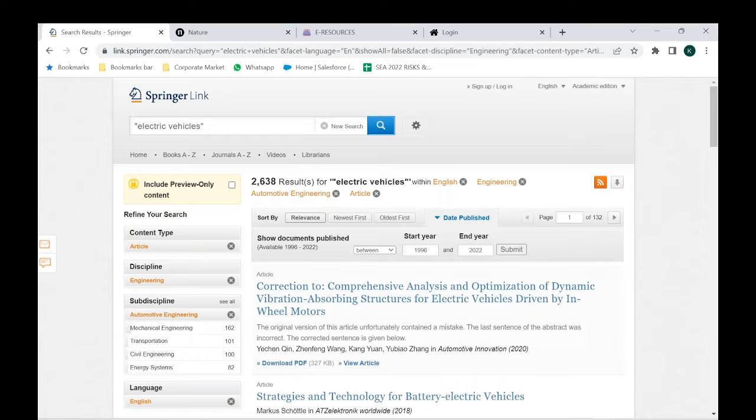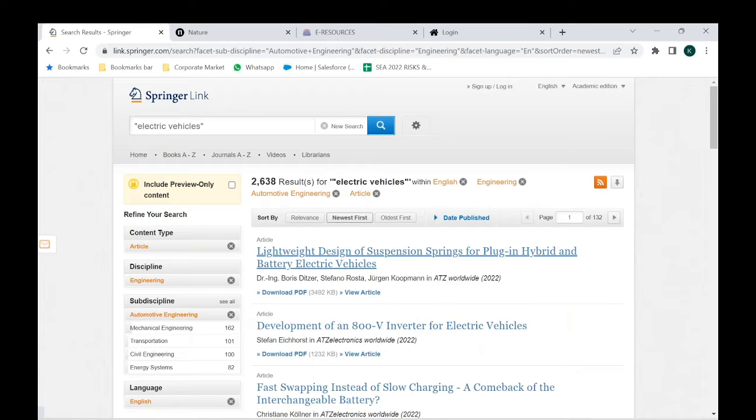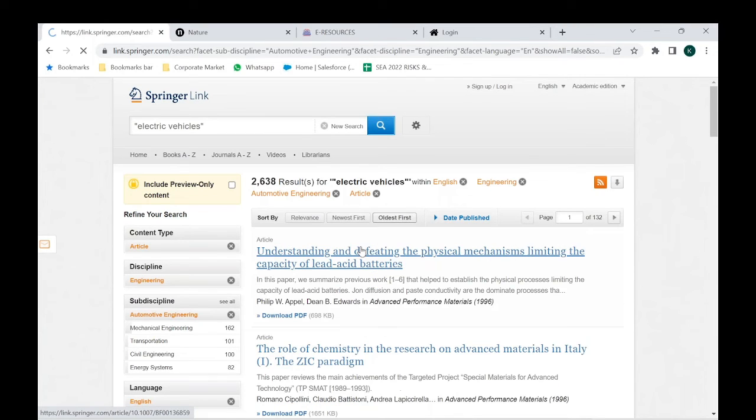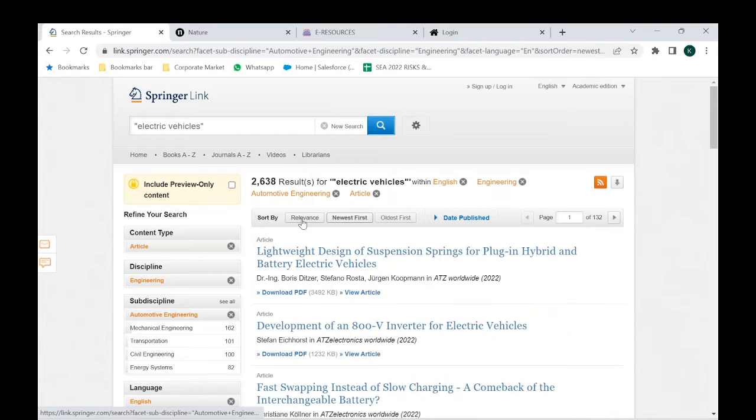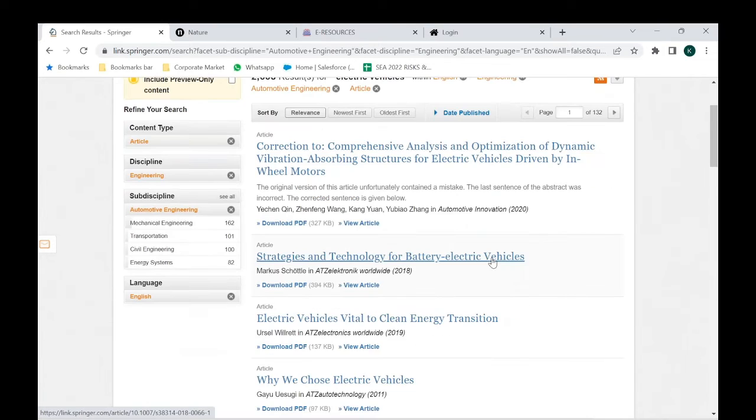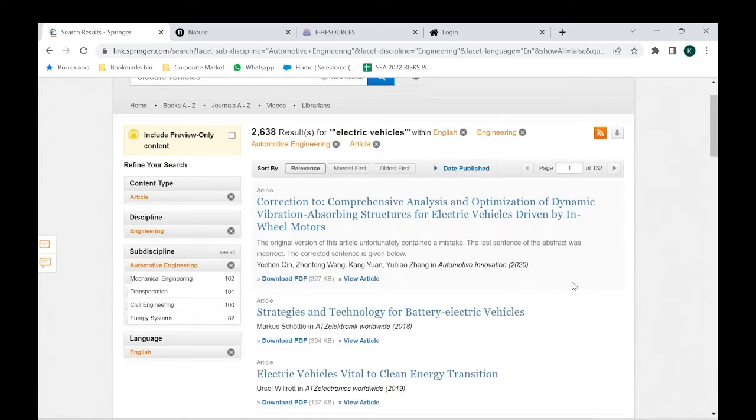I can then choose to sort the results based on the relevance to my filters and also my keywords, or I can choose to sort based on latest published or oldest published. These may have different implications when you use them.